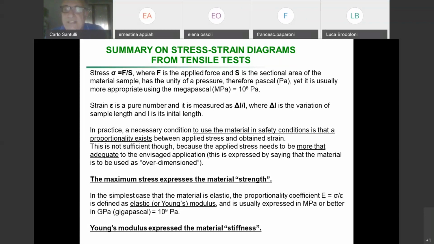The speed is usually expressed in, say, millimeter per minute or millimeter per second, in the sense that the grip at the head of the machine that moves together with the sample is actuated at a certain speed, which is what determines the elongation, the speed of elongation of the material. And the speed, the time of deformation, can make differences.